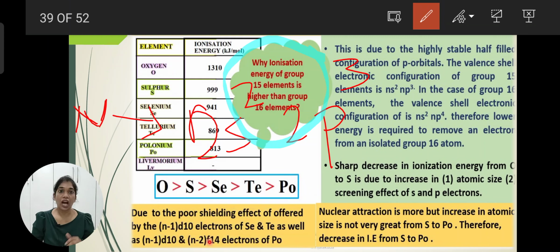Whenever there is half filled and full filled electronic configuration, that element is more stable as compared to other elements. So if the element is stable, it is hard to remove electron from that element. So that's why the ionization energy of group 15 is more as compared to group 16.